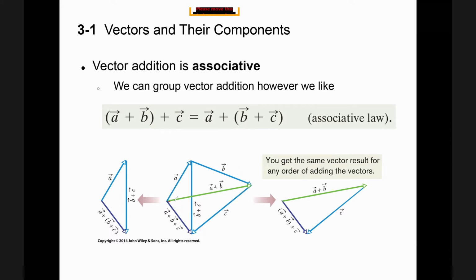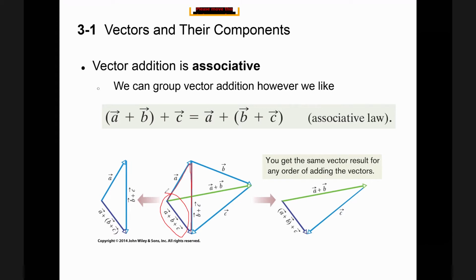What if you first added A plus B, then C, you get the same one, A plus B plus C. Another way, what if you first add B plus C, which is this one, then you add A, where is A? This A, so A plus B plus C, what you get? A. I mean in all the situations, you got the same vector, A plus B plus C.